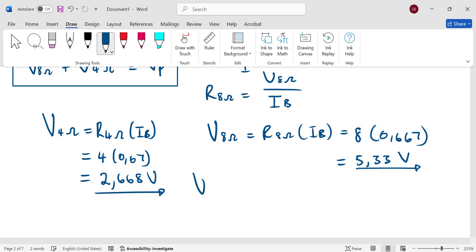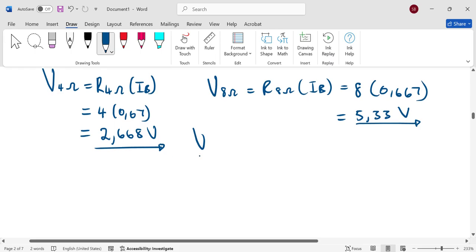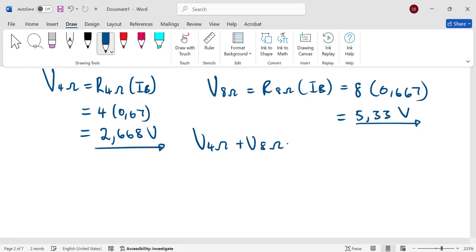Let's see if these two actually give me VP, which is 8. V4 ohms plus V8 ohms is 2.668 plus 5.33, which gives me 7.998, which is basically 8.